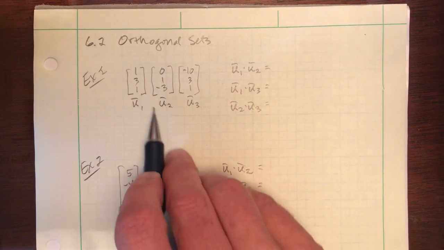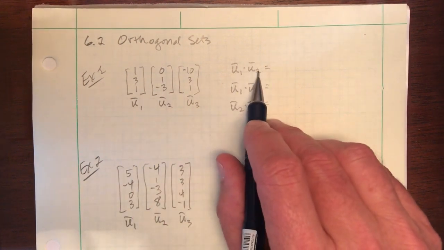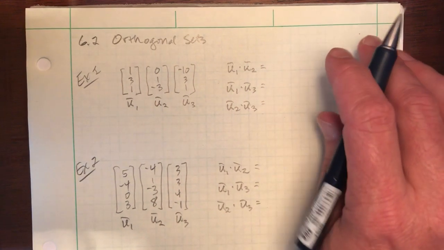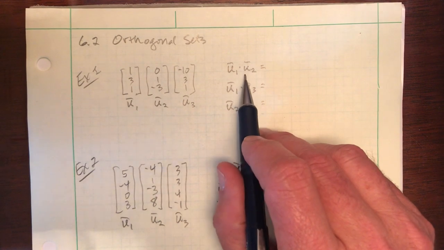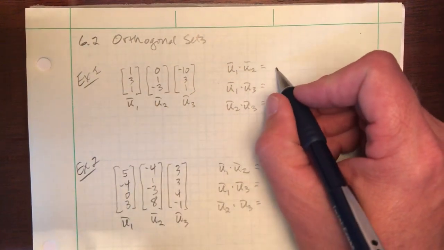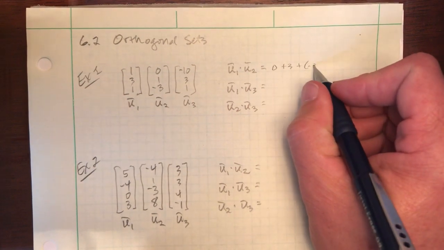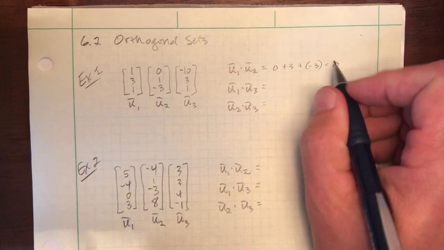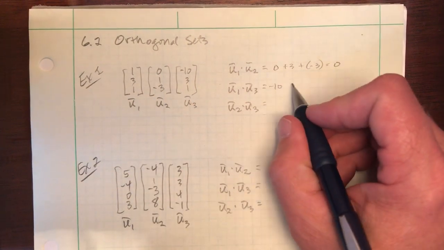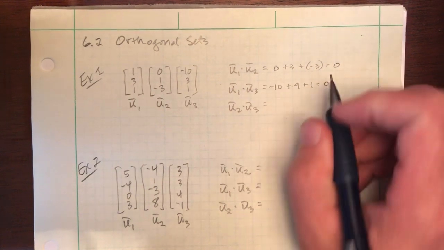So I've labeled these vectors u1, u2, and u3, and so here we go. How do we check if a pair of vectors is orthogonal? We check the dot product. So u1 with u2, multiplying across, that would be 0 plus 3 plus negative 3, check. u1 with u3, negative 10, positive 9, positive 1, check.